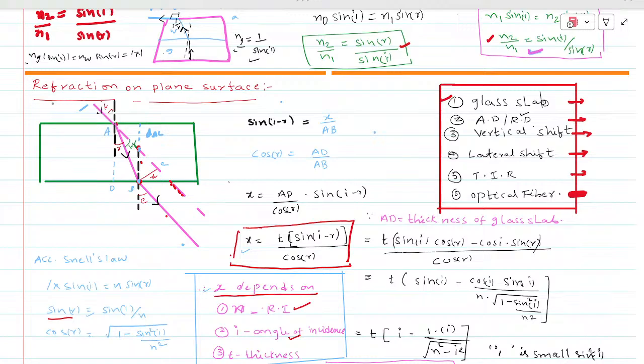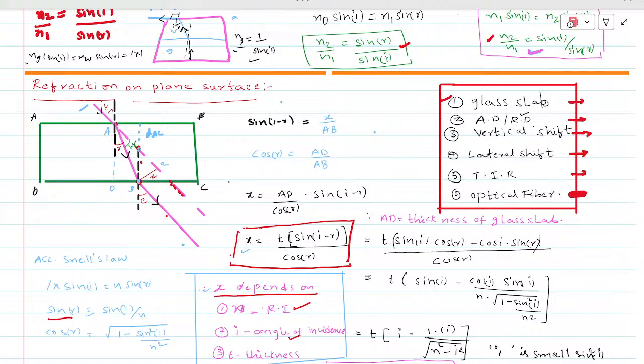Here you can see ABCD, a rectangular glass slab. The incident ray goes from one medium into glass, and from glass emerges into another medium. Angle I is the incident angle, angle R is the refracting angle, and I minus R is the deviation angle. Angle E is the emergent angle, and X is the lateral shift.